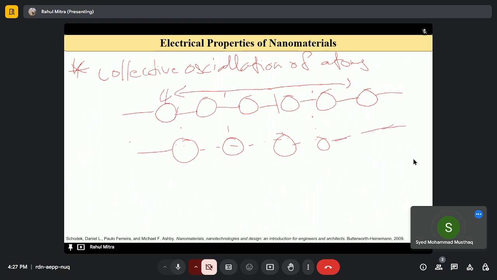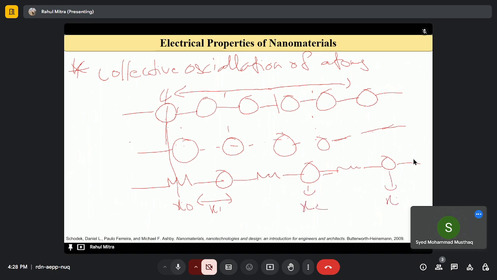Right? So we can simplify this problem as a spring ball problem. For example, the forces. This is our initial position, x0, and this is the position it has moved, x1, and this is x2 and x3.